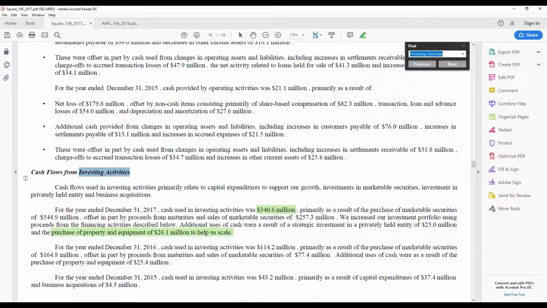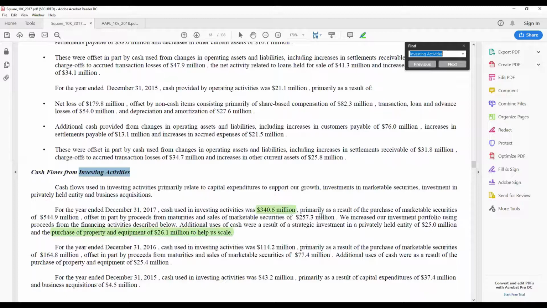Search again. So here's the cash flows from investing activities. So in the year ending December 31st of 2017, cash used in investing activities was 340.6. So that's the number we were looking for. And it looks like they used that for lots of marketable securities, probably raising money, proceeds of sales and marketable securities. So there's the raising money.